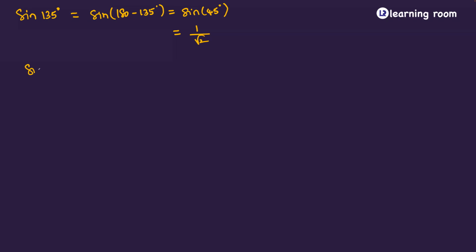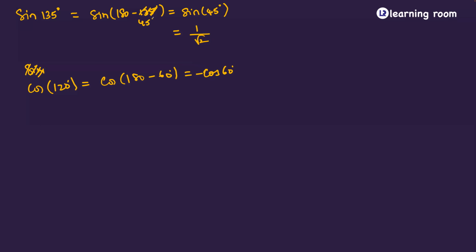Similarly, if I want to find cos of, let's say, 120, I think cos 120 was already found. So how much is it going to be? Cos of 180 minus 60. Here I wrote it wrong.